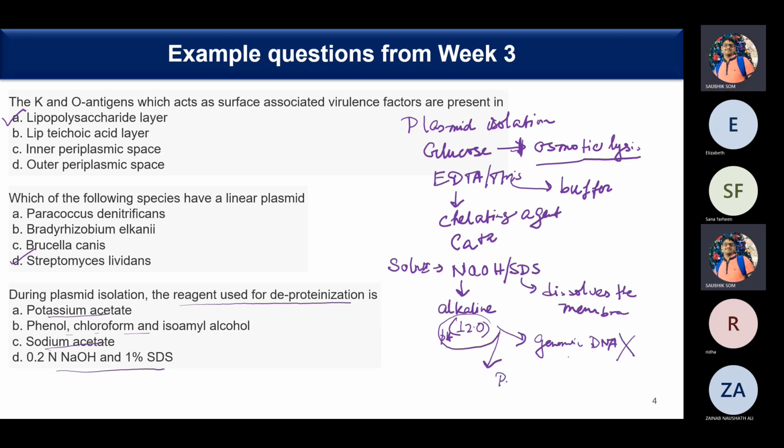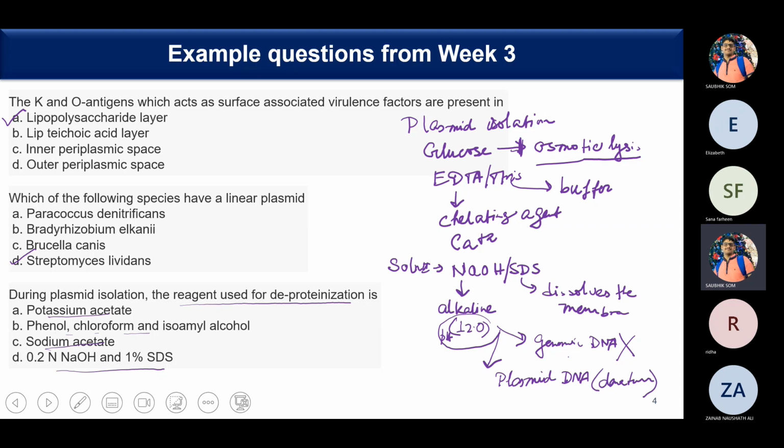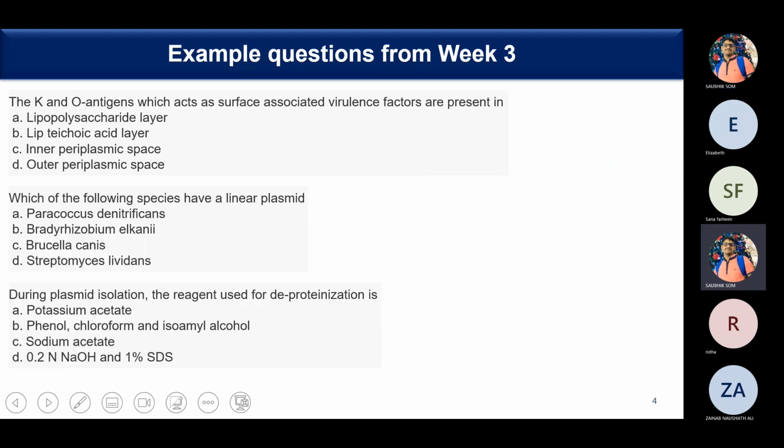However, the plasmid DNA is sheared, so it is denatured but not degraded. So just denatured but not degraded, correct? Then we can clear the slide.